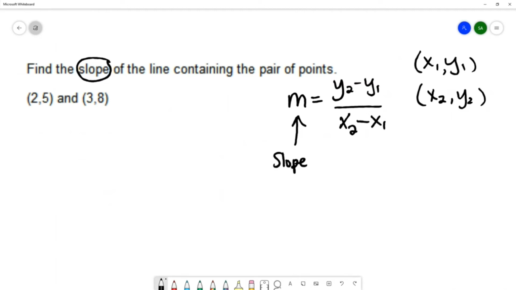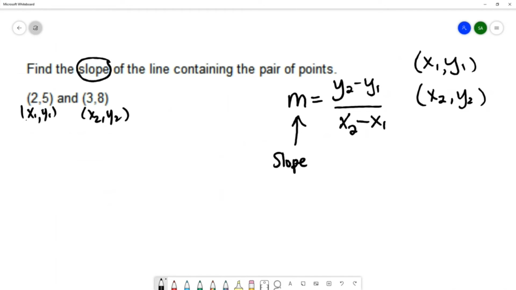So I'm given 2 points here, the ordered pair (2, 5), and the ordered pair (3, 8). I'm going to let one of them be x1, y1, and the other one x2, y2.